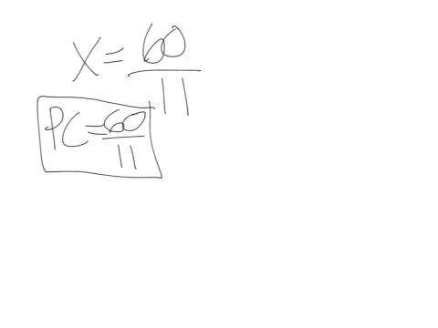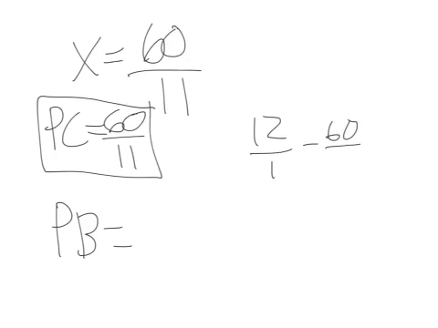Now we have to find PB. PB equals 12 minus x, so since x is 60 over 11, now let's subtract that from 12. So 12 over 1 minus 60 over 11.